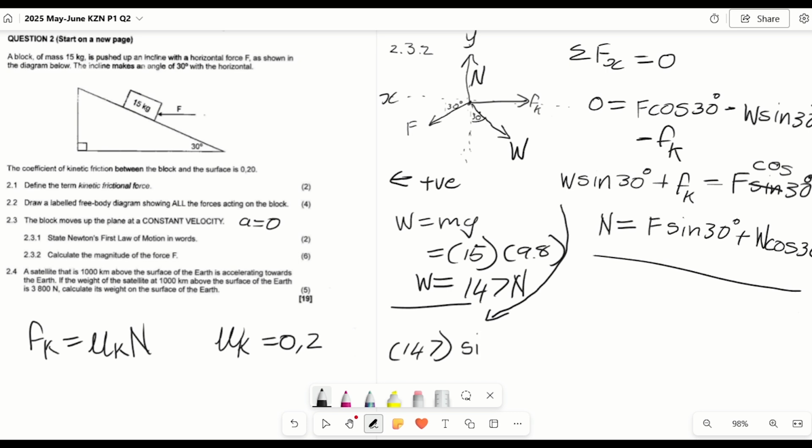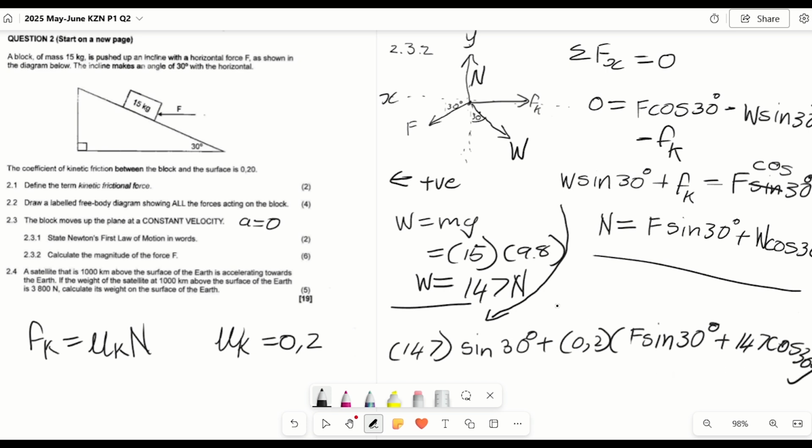So sine 30 degrees, and then fk is mu k, which is 0.2, multiply n, which is F sine 30 plus W, which is 147 cos 30.